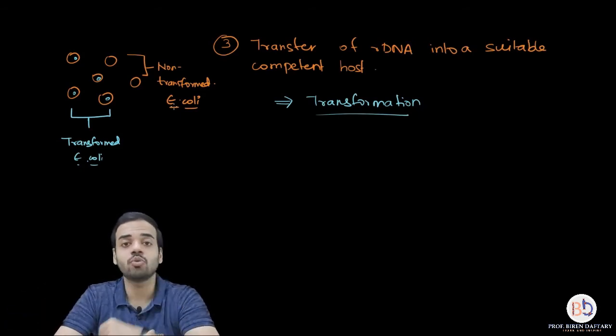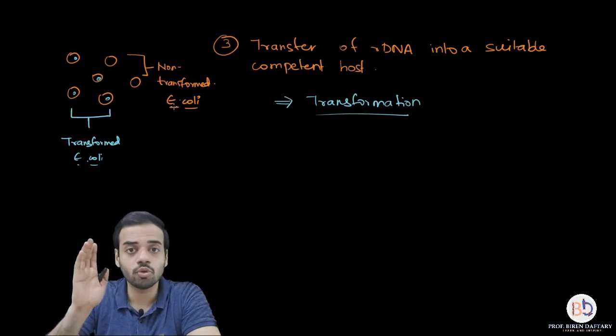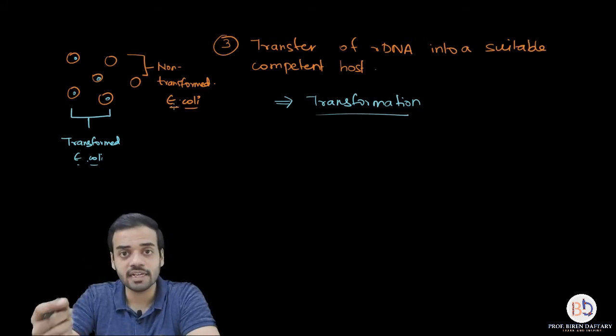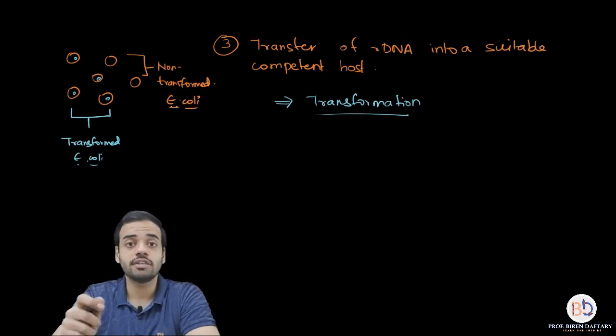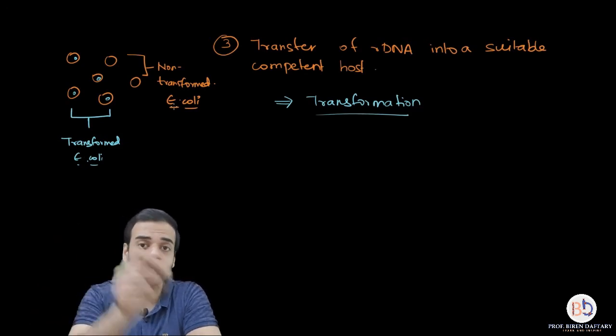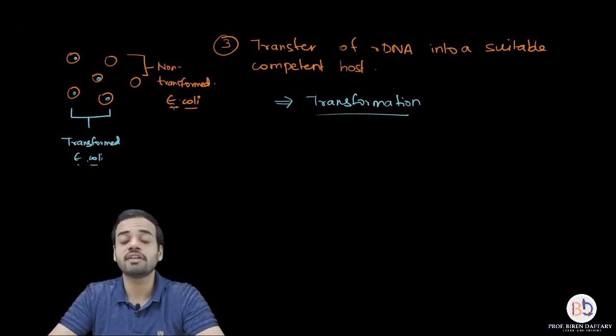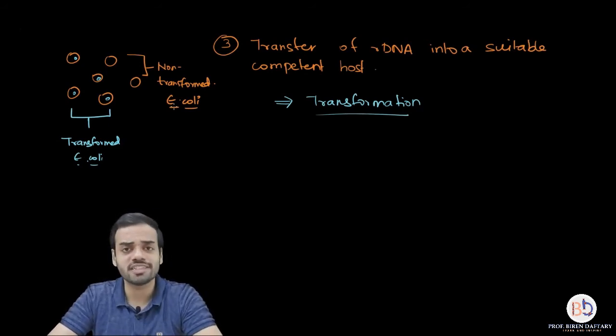Just imagine if you don't have a vector. Can you directly insert the required gene? It is possible. If you directly want to pick up the gene and put it into the host cell, you can do that without using any vector, without using any plasmid, bacteriophage, anything.